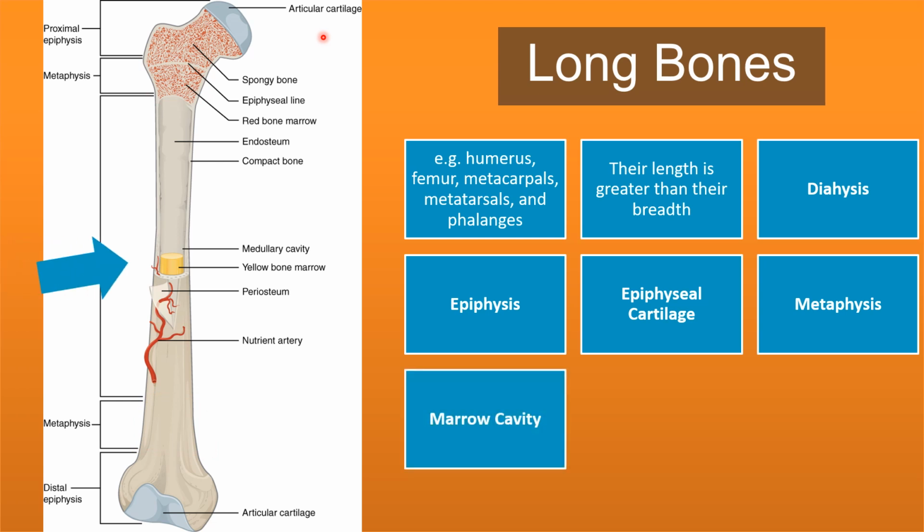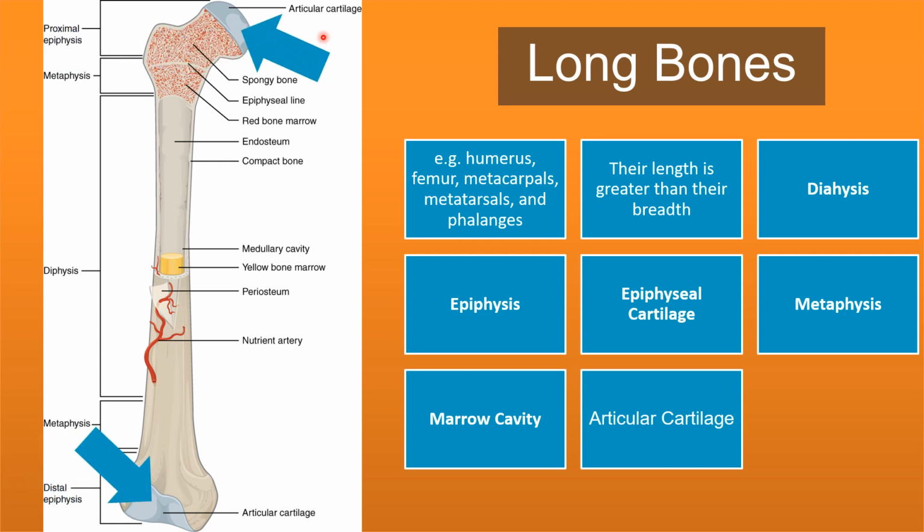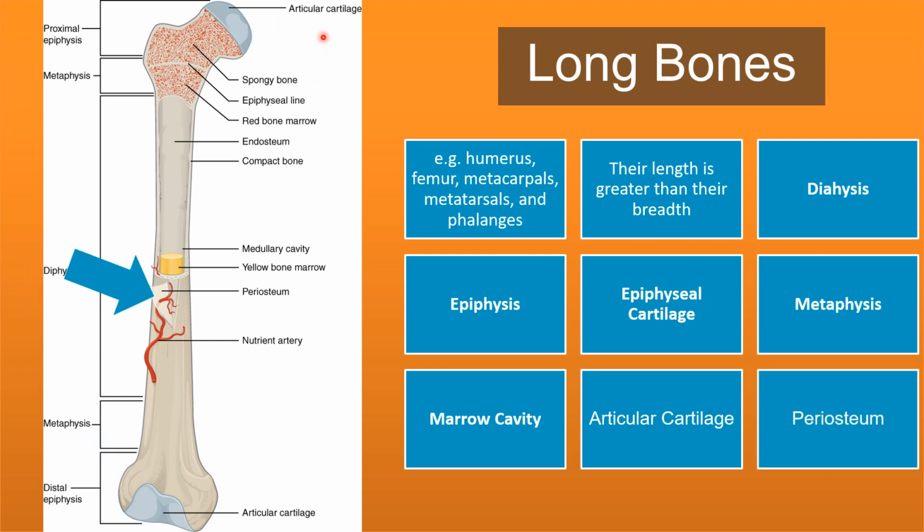The shaft has a central marrow cavity containing bone marrow, and the outer part of the shaft is composed of a compact bone that is covered by connective tissue sheets called periosteum. The ends of the long bones are composed of cancellous bone surrounded by a thin layer of compact bone, and these articular surfaces of the ends of the bones are covered by hyaline cartilage called articular cartilage.